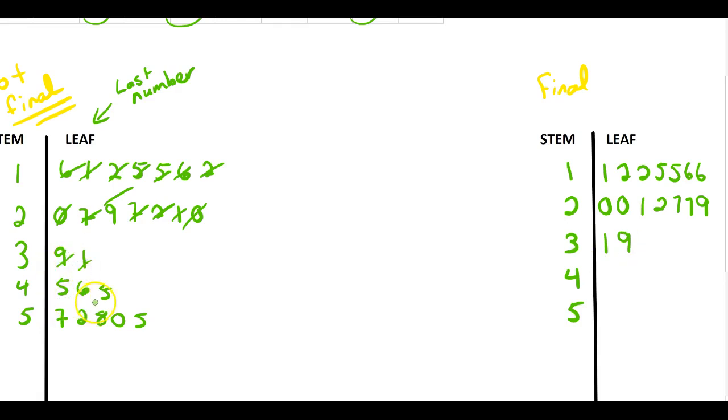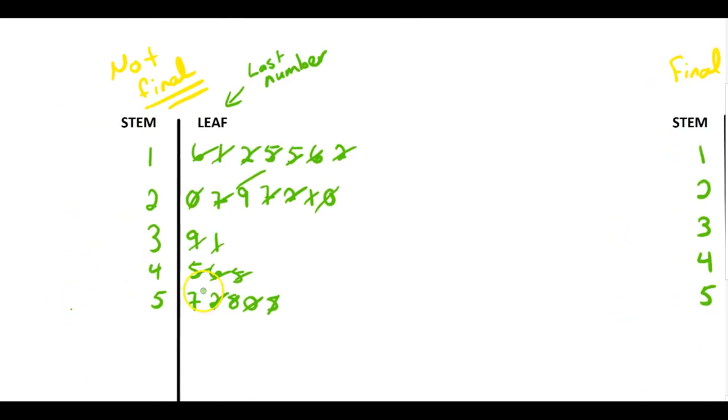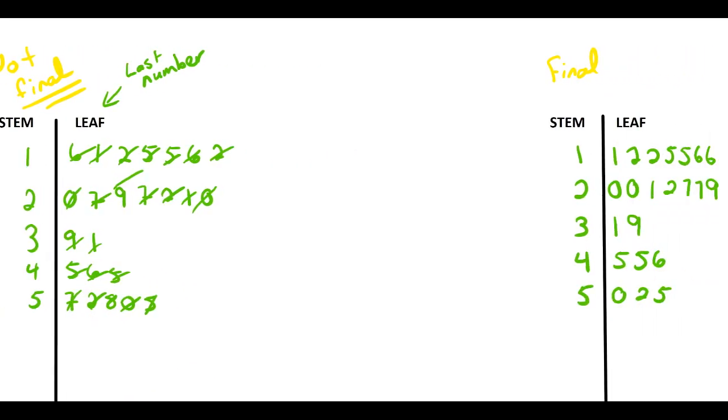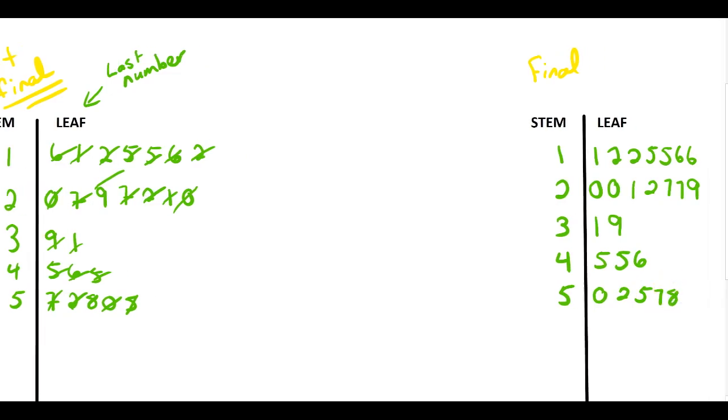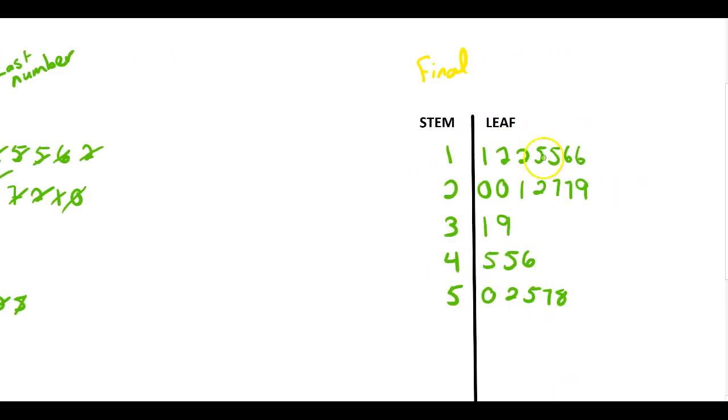For the 40s, I have a 45, a 45, and a 46. For the 50s, I have a 50, a 52, a 55, a 57, and a 58. Now this is my final stem and leaf plot.